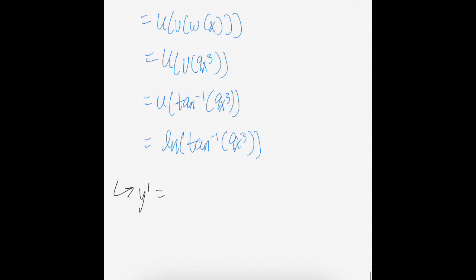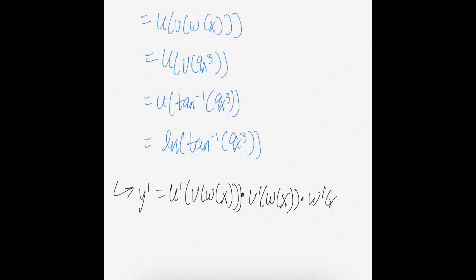Hence, by chain rule, we see that y prime is going to be u prime of v of w of x times v prime of w of x, and then times w prime of x.